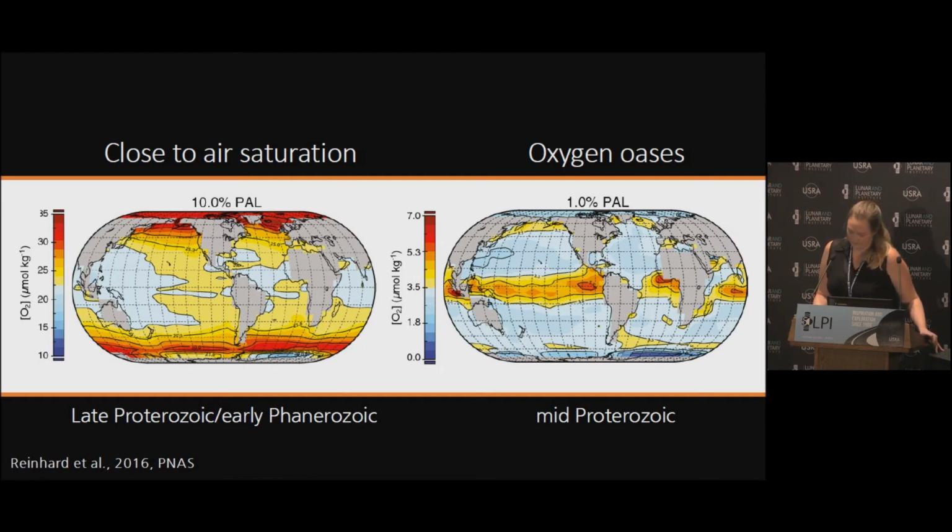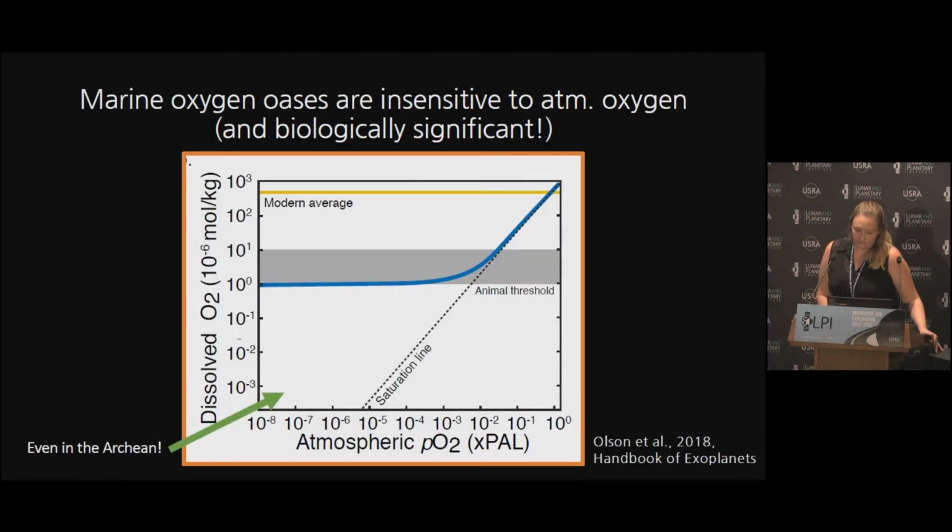resulting in what we call oxygen oases that are significantly supersaturated compared to what you might expect based on atmospheric composition. And when we reduce atmospheric oxygen even lower, the big surprise is that dissolved oxygen concentrations don't decline further. On this figure, I'm now showing a huge range of atmospheric oxygen concentrations on the x-axis and globally averaged dissolved oxygen concentrations in the mixed layer on the y-axis.